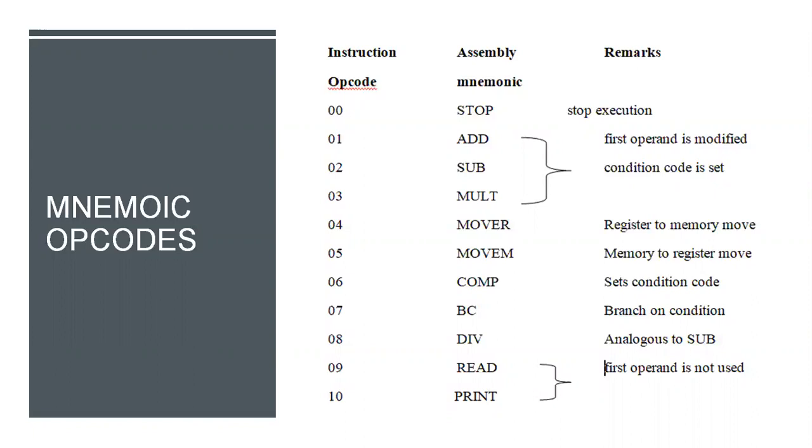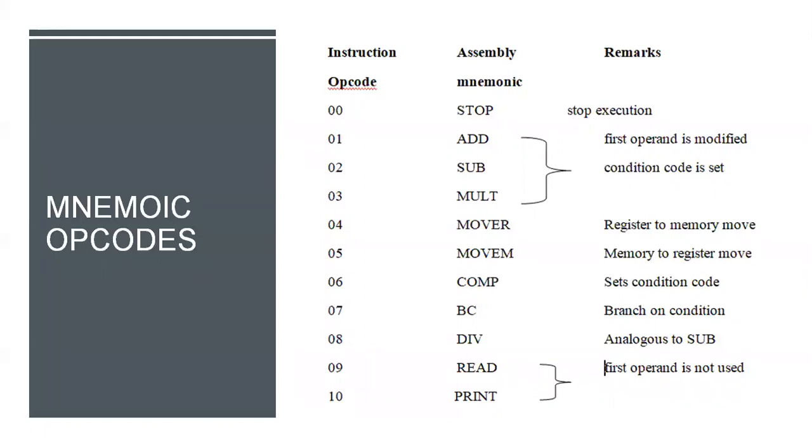Next is opcode 04 and opcode 05, move r and move m respectively. Move r stands for move to register, and move m stands for move to memory.